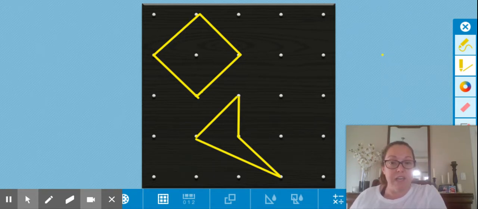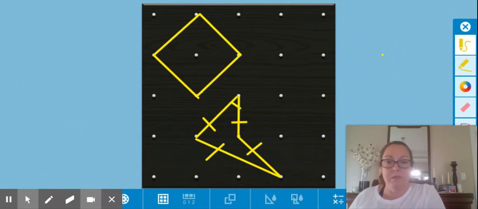So this here has, we'll count this one, 1, 2, 3, 4. 4 sides, 4 angles. I'm still on my straight tool. So it makes it trickier to try to do this. 1, 2, and then remember this one was on the outside, 3, 4. So 4 sides, 4 angles. This is called a quad.